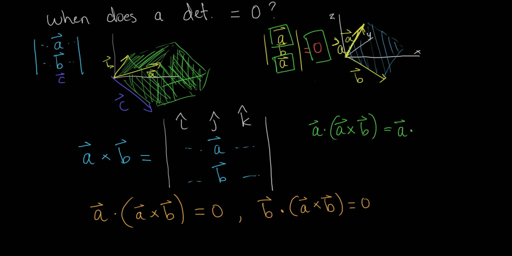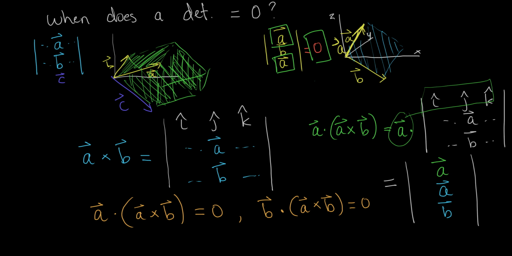And if we think about this dot product as a taking over the row, so a takes over i, j, k, then this becomes the new determinant, the determinant of a, a, and b. And this determinant here, as we just saw, is going to define a parallelepiped with 0 volume. This determinant will equal 0 because we have 2 equal vectors.